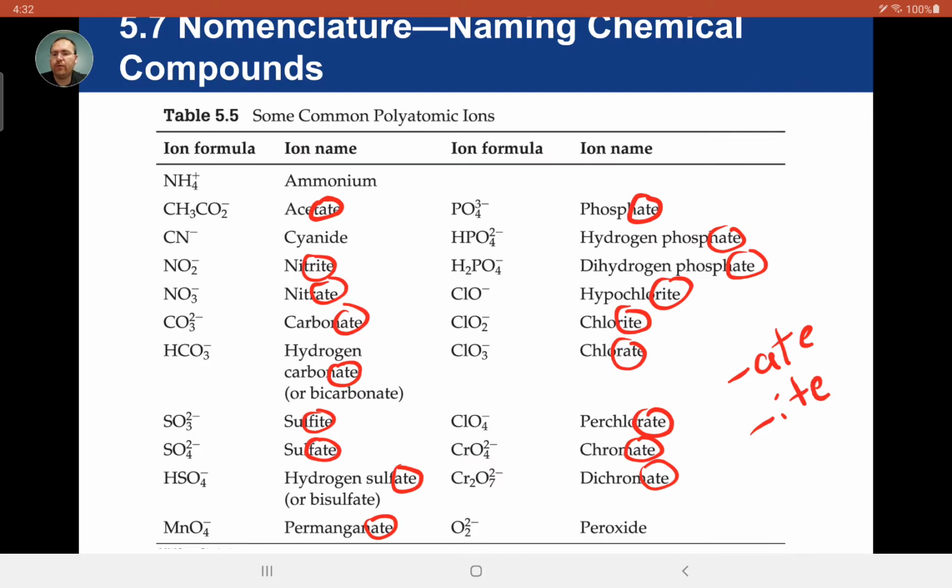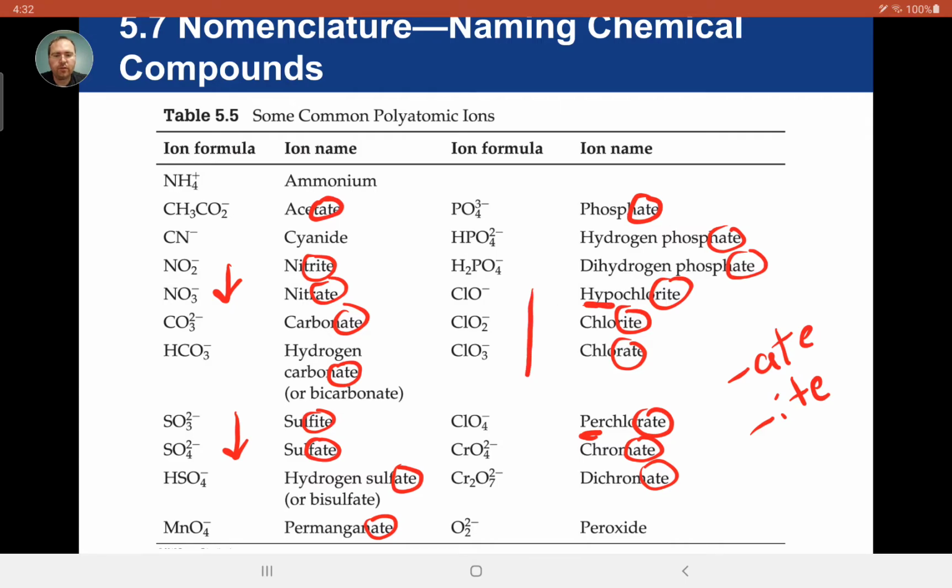And the easiest way to recognize the difference is notice ATE has more oxygens. ATE has more oxygens. And when we go from phosphate to phosphite, it too would have more oxygens with an ATE than an ITE. So even in this series here, notice that we have this per-ate, ate, and then this hypo-ite.